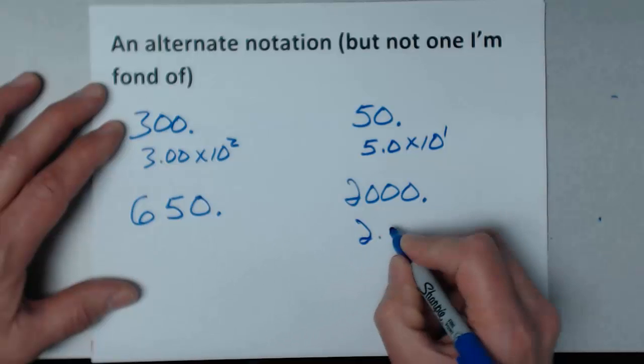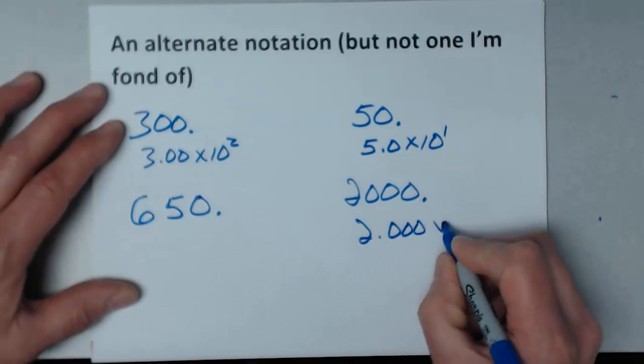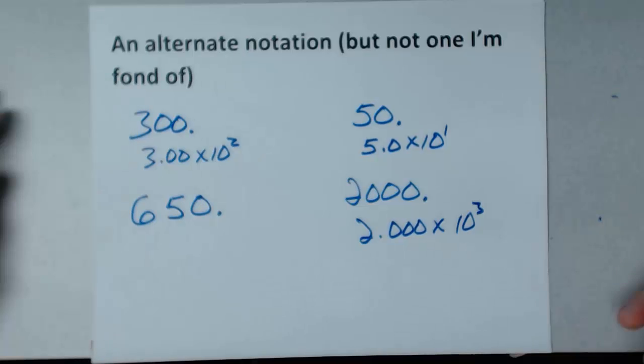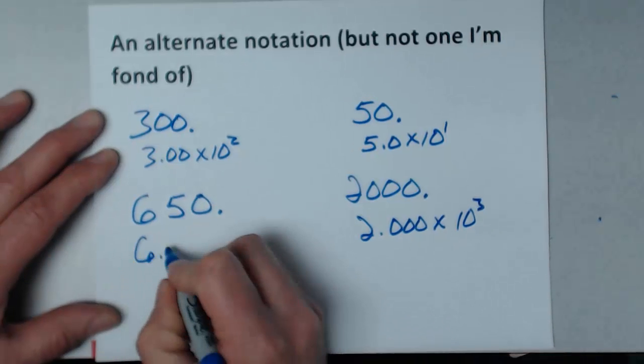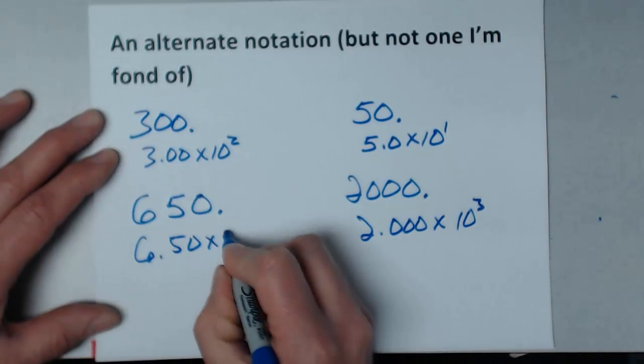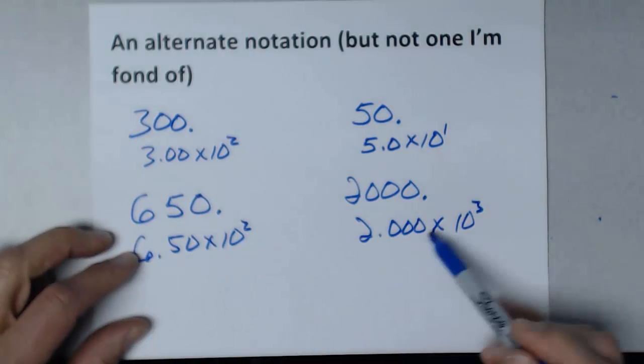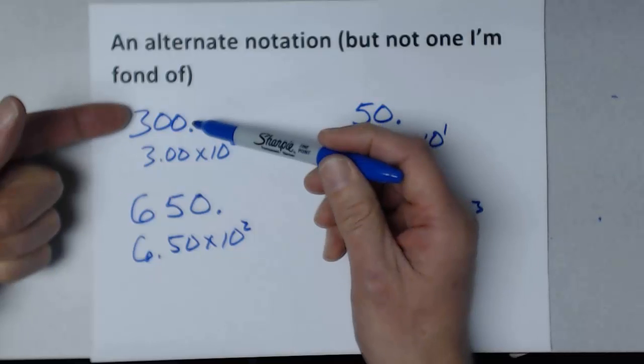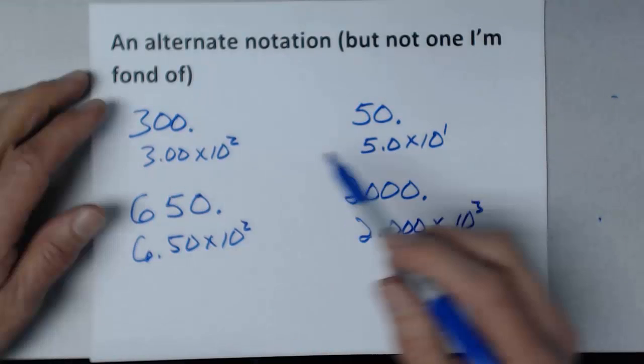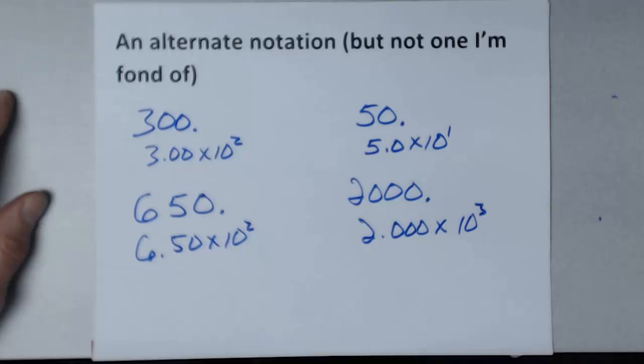This could be 2.000 times 10 to the third, and 6.50 times 10 squared. I'd prefer these scientific notations to just writing 300 with a dot after it. That notation is a little bothersome at times.